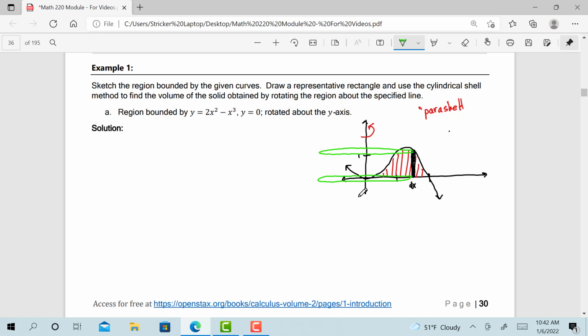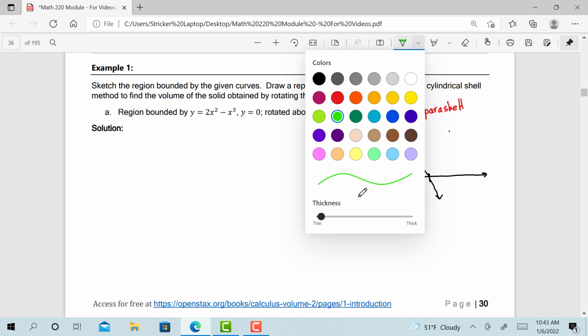And it does have a thickness, but there is our cylindrical shell.